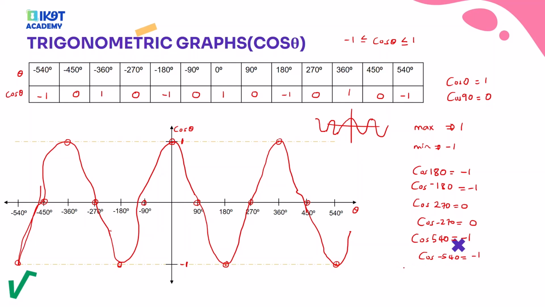So what does that mean? That the cos of negative theta is equal to the cos of theta. The negative doesn't change anything. And why is this? Because the graph of cos is symmetrical; it exhibits symmetry about the y-axis, which we call the cos theta axis.